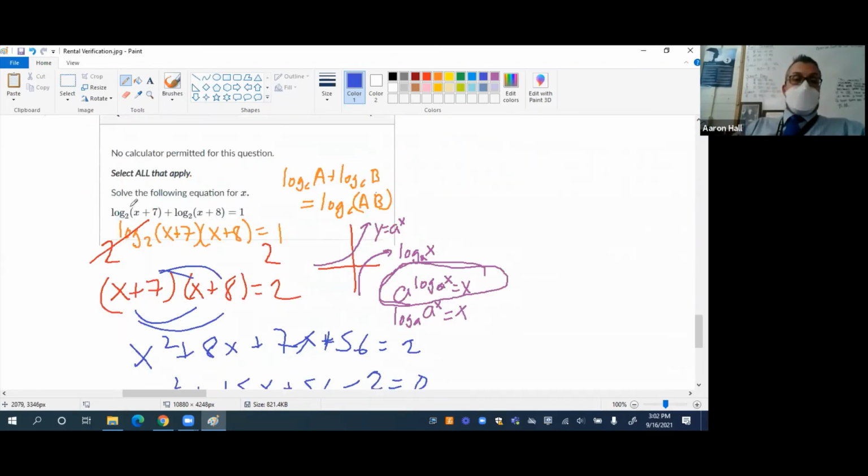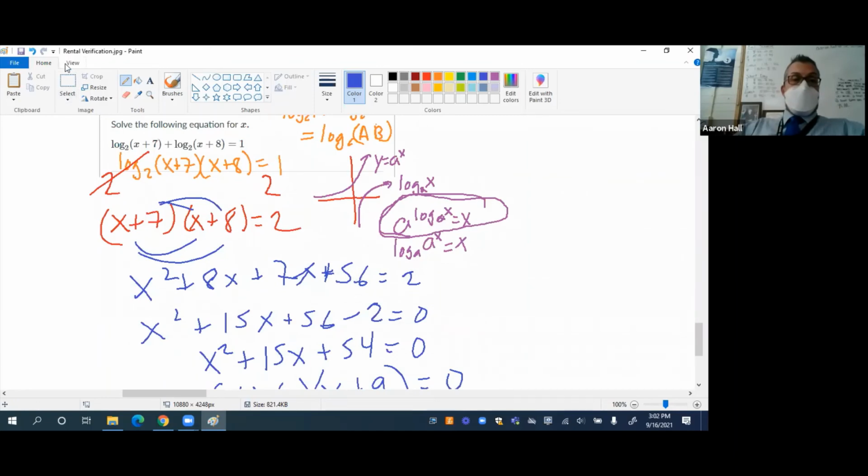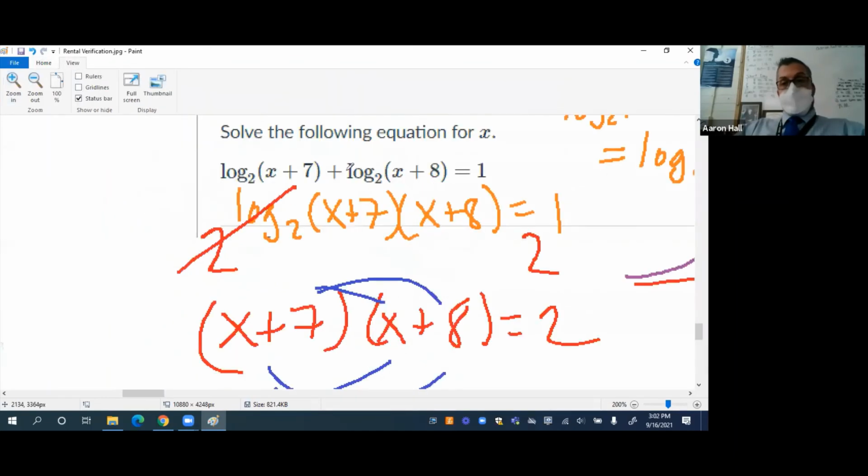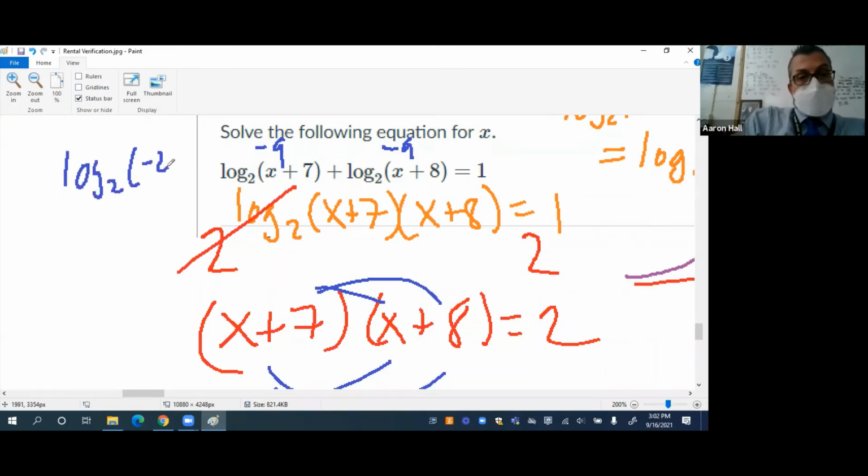Which one? Why does -9 not work? Yeah, log base 2 of -2 and plus log base 2 of -1. Remember what a log function looks like, right?